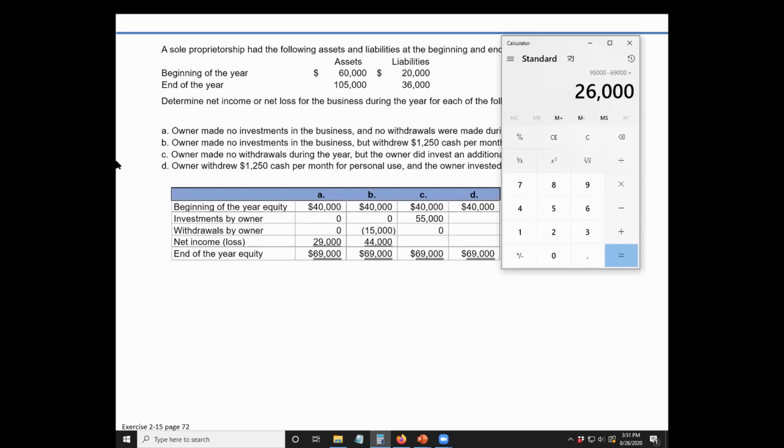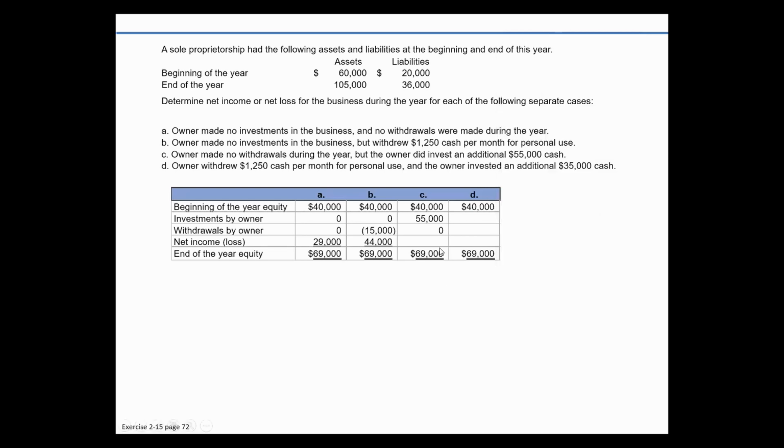So they had a net loss of $26,000, because he began the year here and then he had to add more. So they should have ended the year a lot higher.